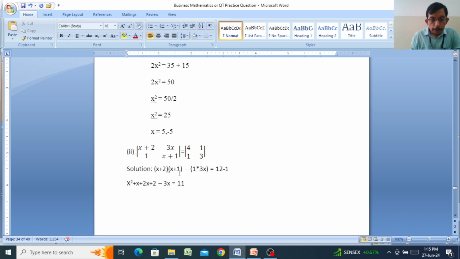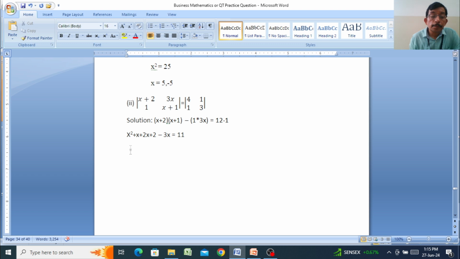Now simplify this equation. x square plus x plus 2x is 3x, and 3x cancels out, and 11 minus 2.